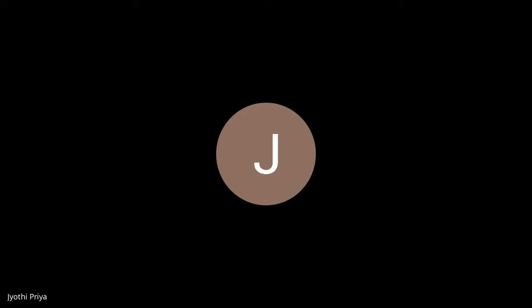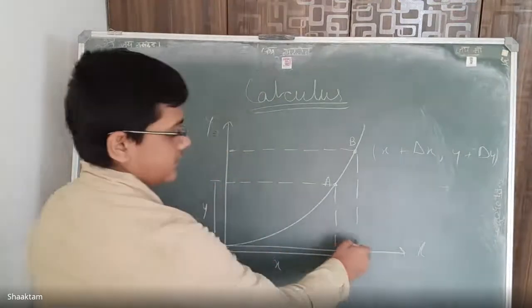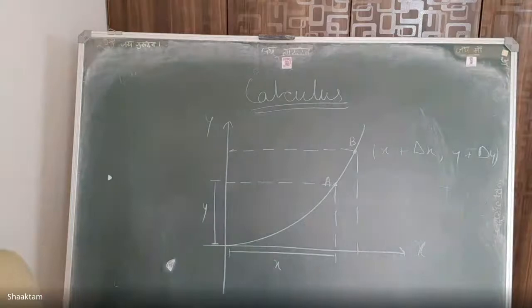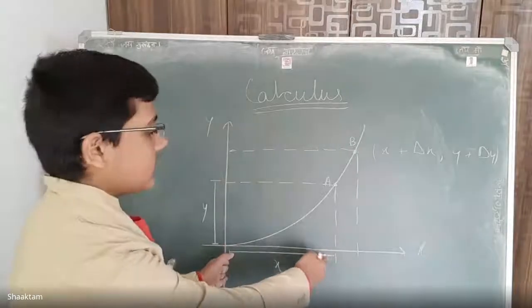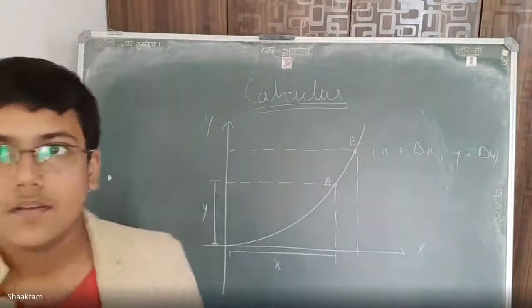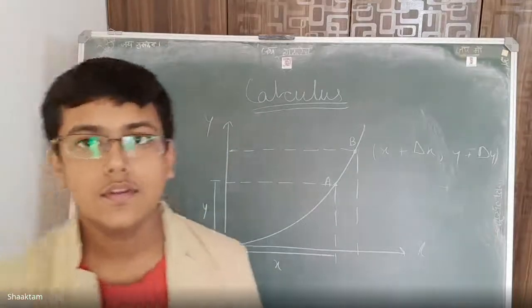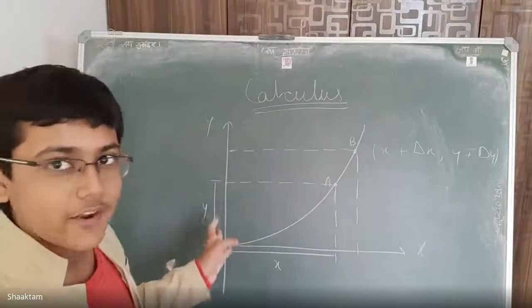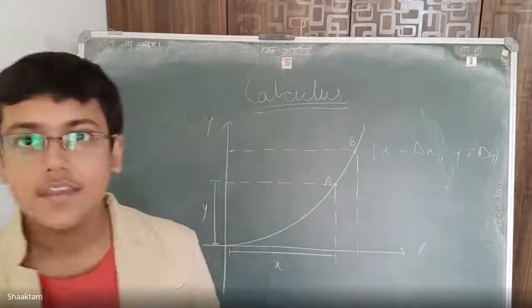So if this whole thing is x plus delta x, and this part is x, what will be this small part? The whole thing is x plus delta x, this place is x, so what will be the other part? It's simple. If this whole thing is x plus delta x and this is x, what will be this part?